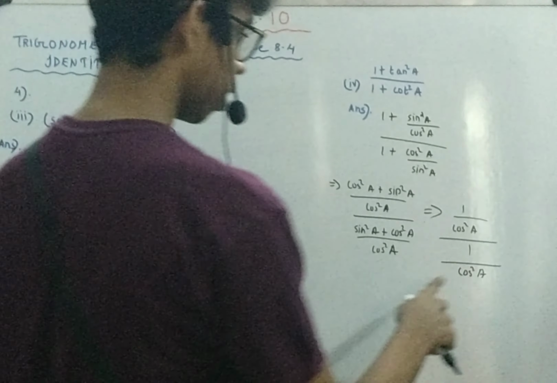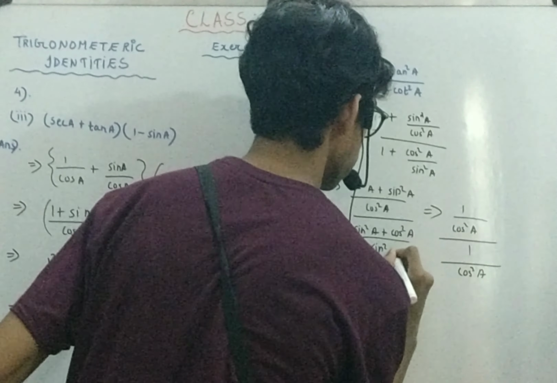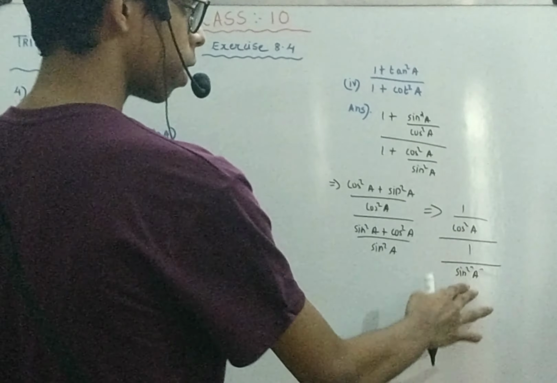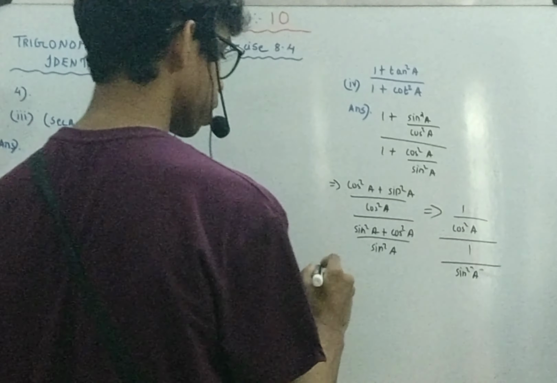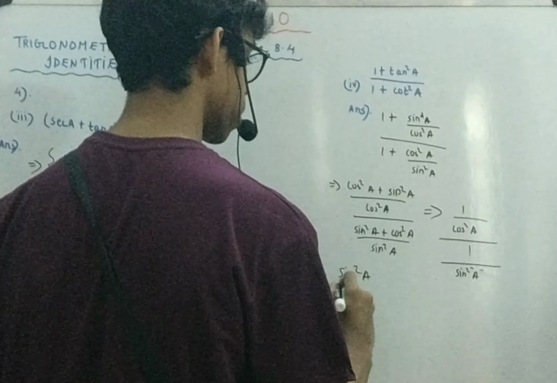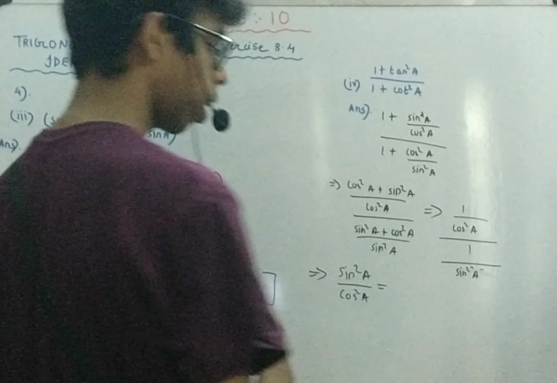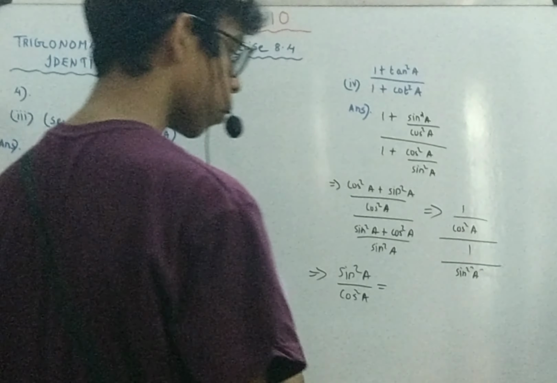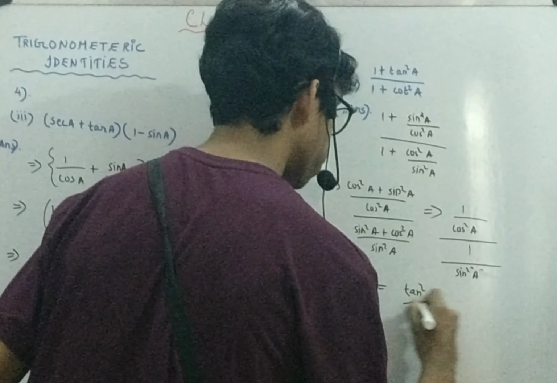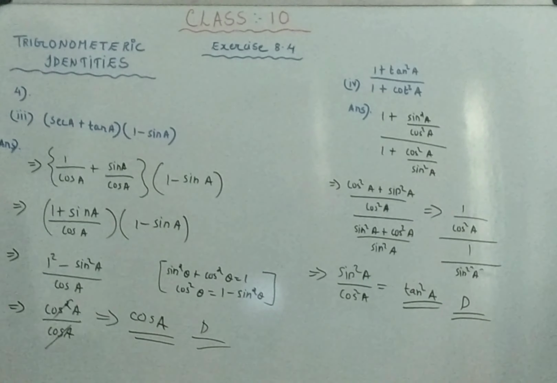Now we can just take sin square into the numerator. So you will get sin square a divided by cos square a. We know sin by cos is equal to tan, so you will get tan square a. So option D is the correct answer.